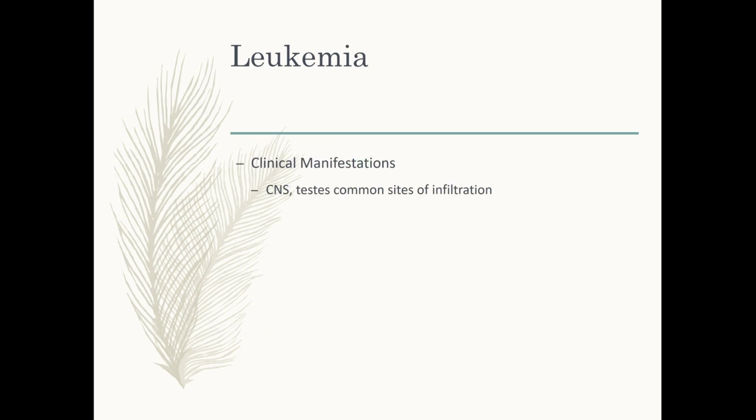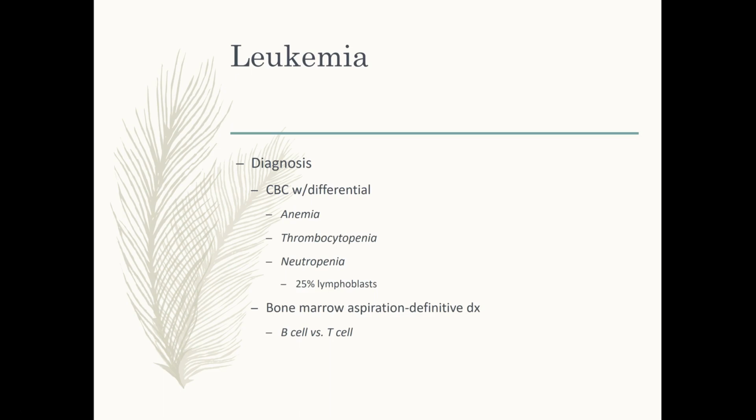Clinical manifestations typically, like I said, involve the central nervous system, and it is a very common site of metastasis, as well as testes are also a common site of metastasis. So diagnosis, you're going to do a CBC with a differential.